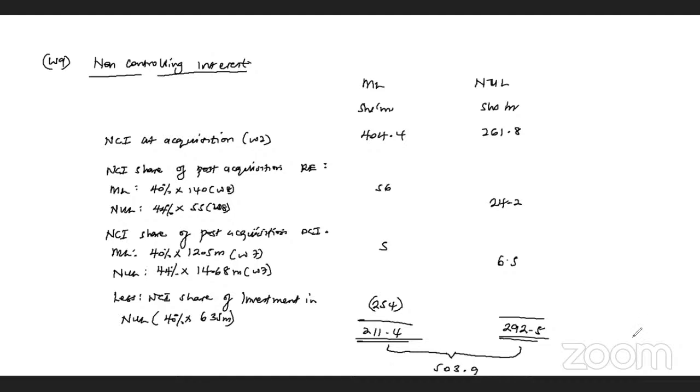Then the other thing we can also note, this can be our working number 10. We can call this the fair value adjustment working. When it comes to this working, you have to show the value at acquisition date.